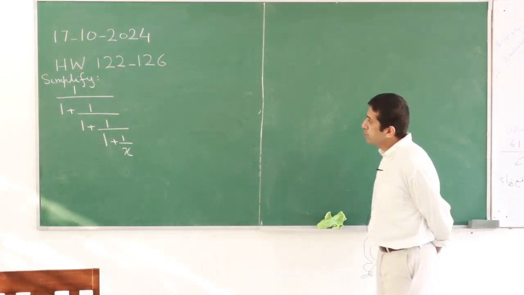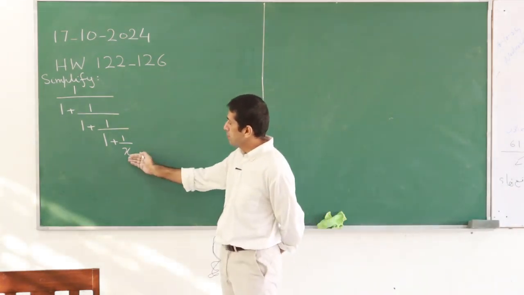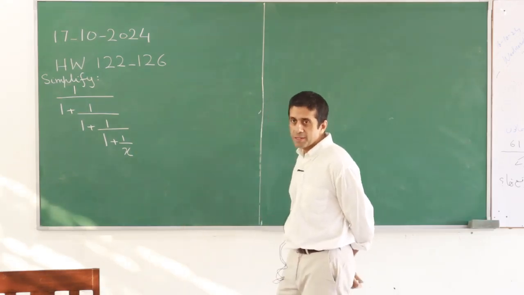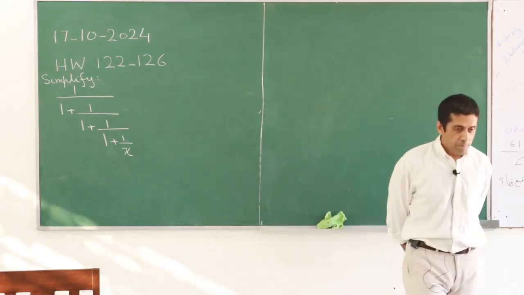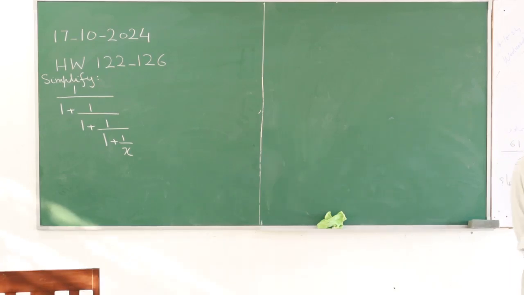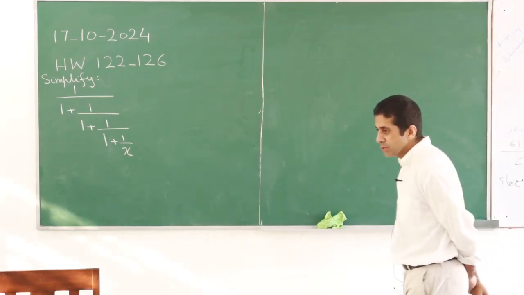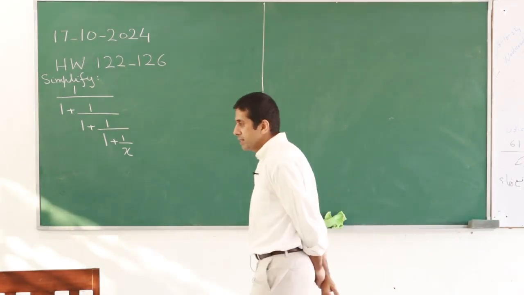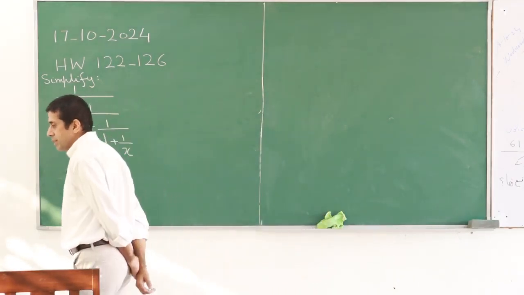And you can see you can continue this structure forever, right? I can replace this with 1 over 1 plus x and so on and so forth. It gets very messy very quickly if you don't do neat calculations. If you don't get into the habit of writing neatly, you'll end up in trouble very quickly.